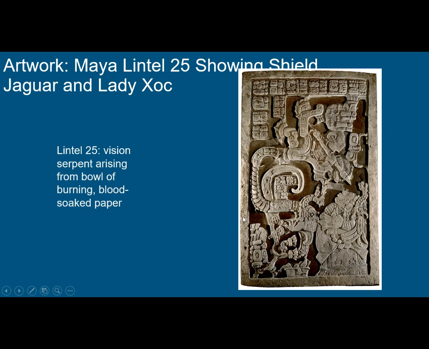This one shows Shield Jaguar and the lady. Again, she's just sort of crouched. It's almost the same composition, except this time there's a snake with Shield Jaguar's head coming out of his mouth. So this would have been like a hallucination depicted.